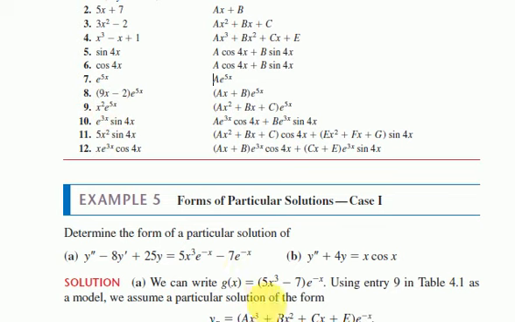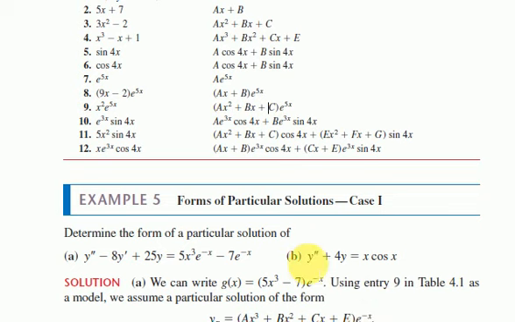Here we have an x term multiplied with an exponential term, so we will assume the particular solution yp as ax square plus bx plus c into e raised to power 5x for this term. But here, as this is cubic, we will assume yp as ax cube plus bx square plus cx plus e into e raised to power minus x.